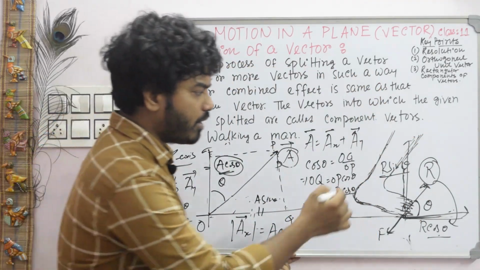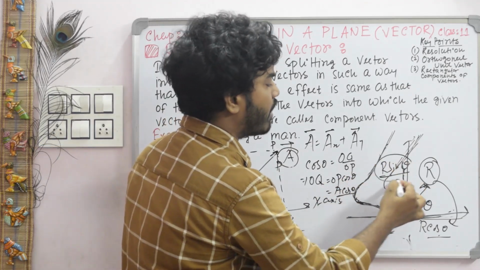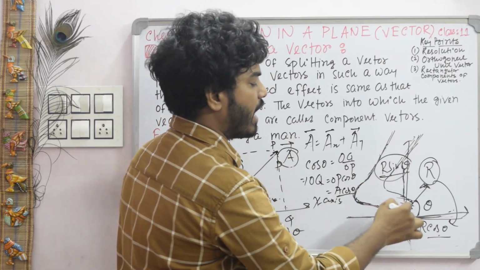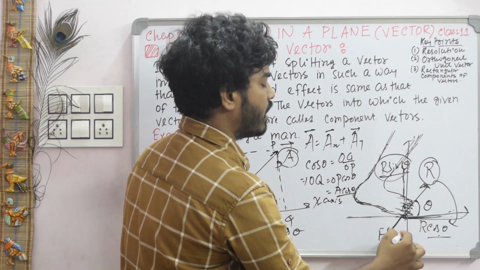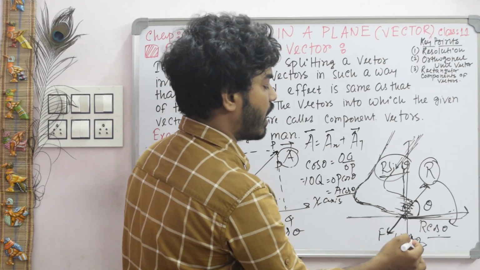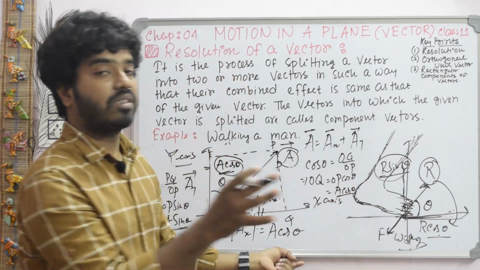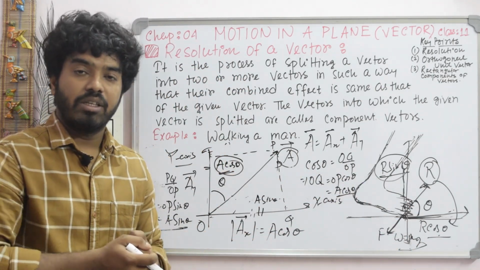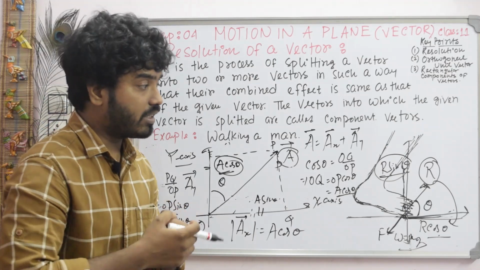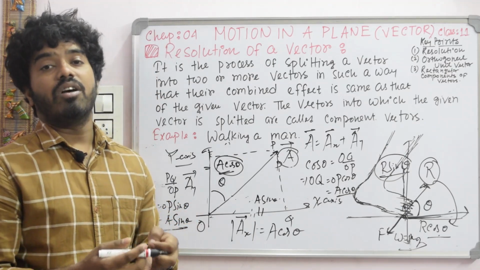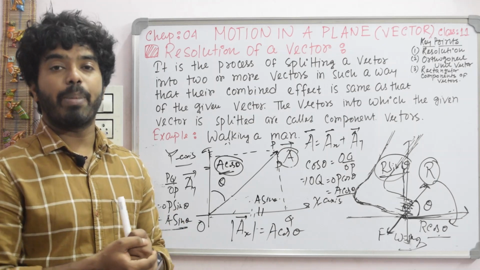Now you just think, what is the purpose of r sin theta? A man's weight is directed downward, that means r sin theta is equal to mg. The r sin theta component gives the significance of balancing our body.